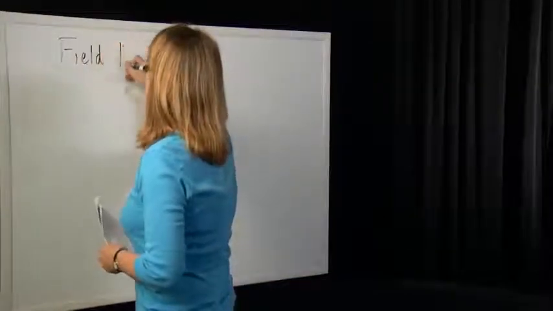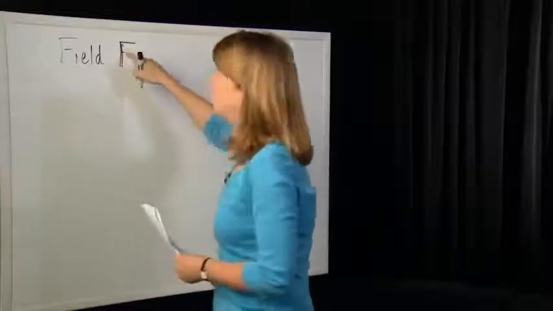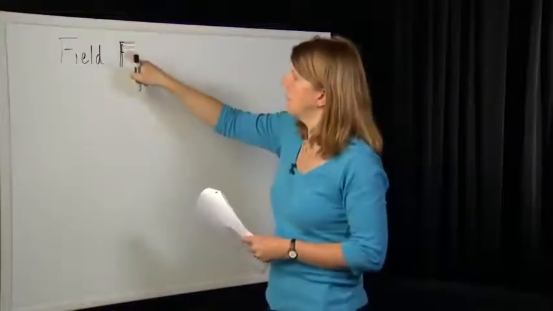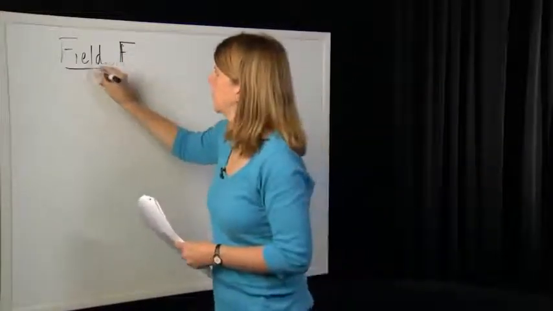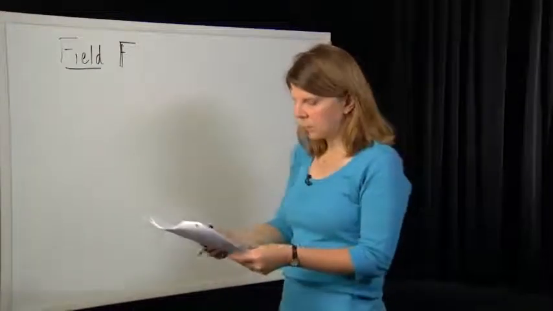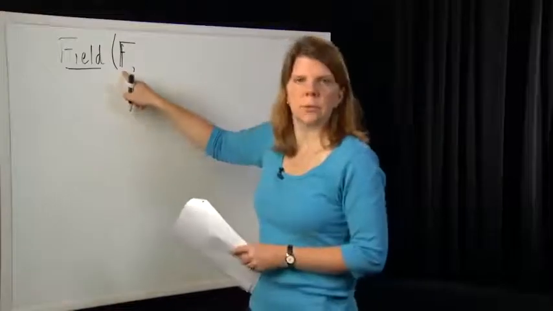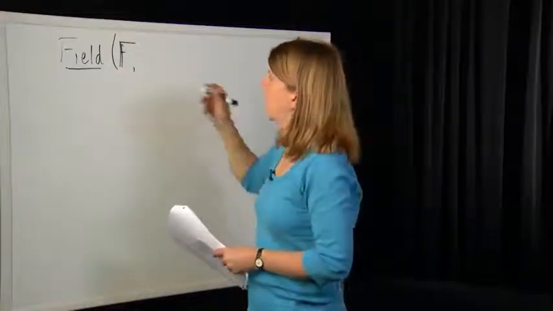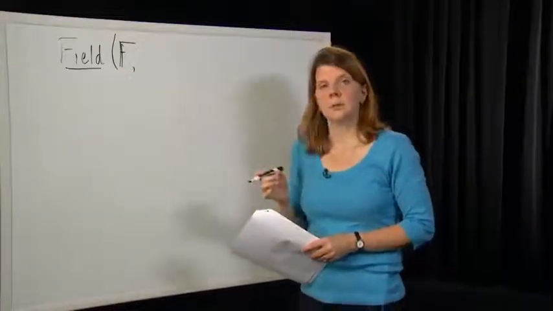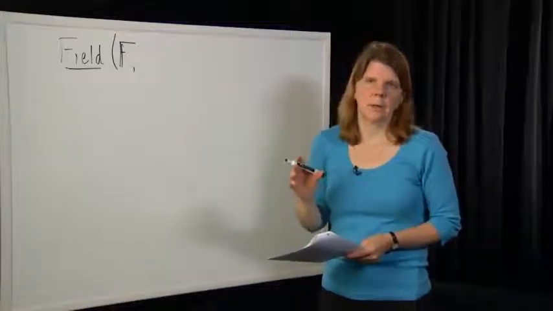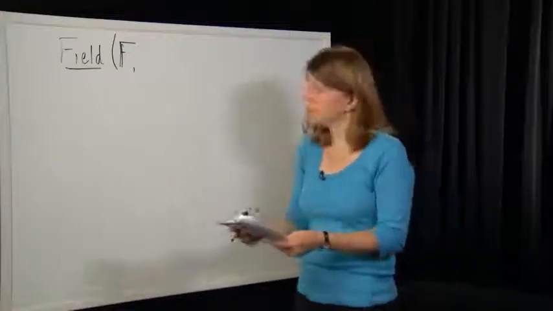We use this notation, it's called blackboard when we have this double line here. So blackboard F is the field. And to be precise, we define a field as a set of objects, a set of elements, and then two binary operations. Those operations we typically call multiplication and addition.